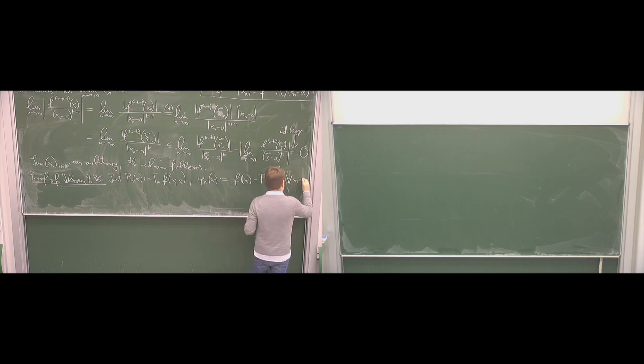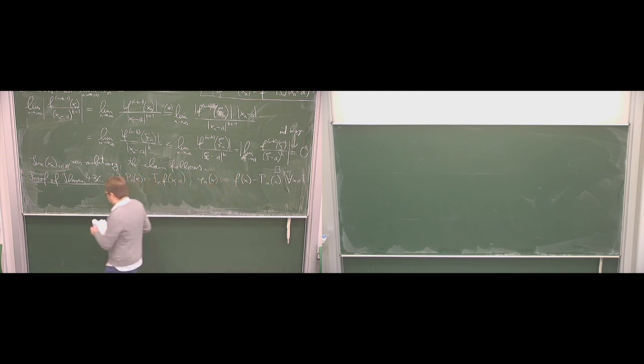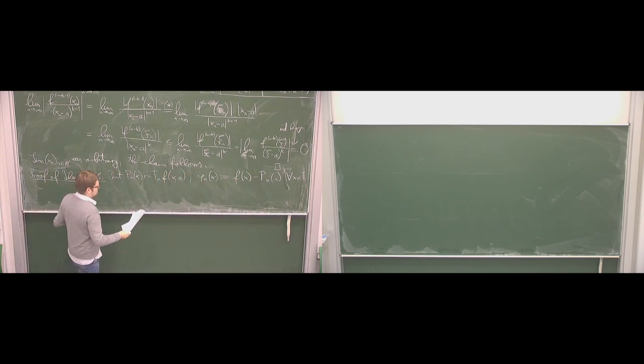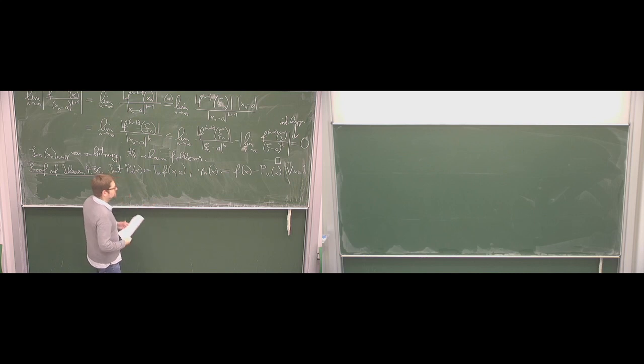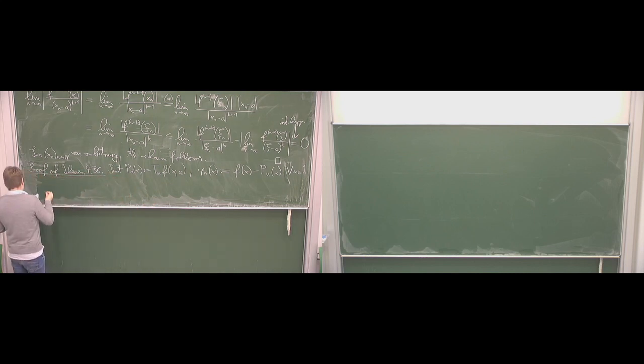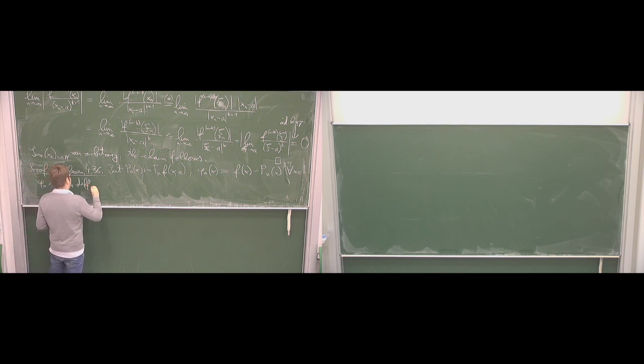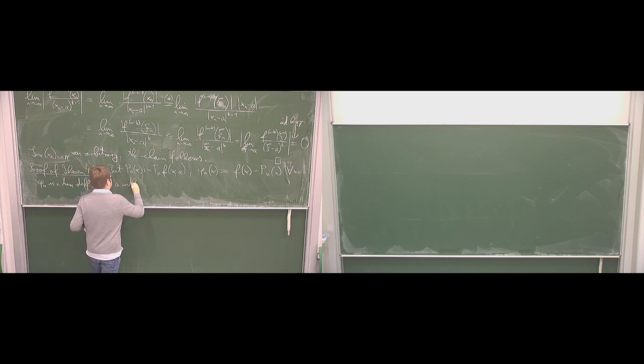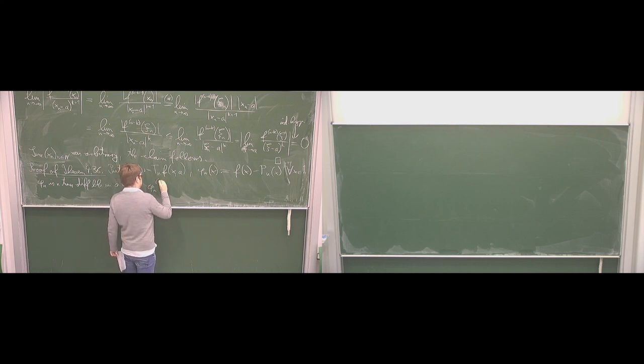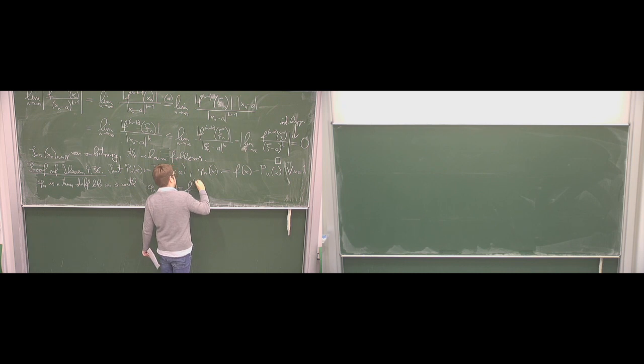Okay. Now, since f is by assumption n times differentiable, and P_n is a polynomial, so differentiable as well, phi_n is n times differentiable in a. And we get that the kth derivative of phi_n in a is simply, by the derivation rules, the same as the difference of the derivatives.